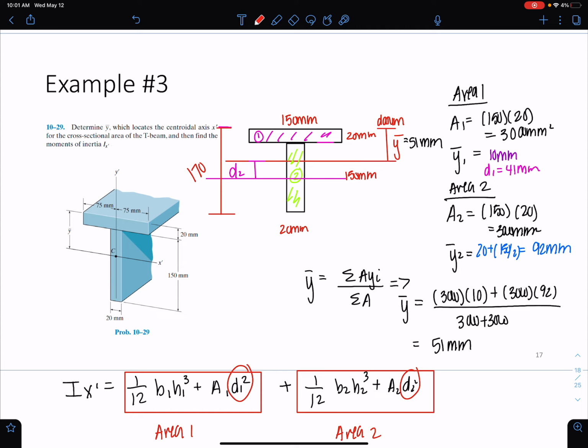Now, let's see how we can get this little d2. From here to here, we have y bar equals 51. So this distance would be 170 minus 51, which is 119, minus half of shape 2, which is 75. So 119 minus 75 gives us 44. You kind of just have to play around with those lengths.